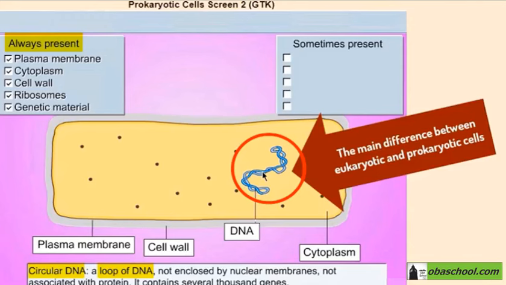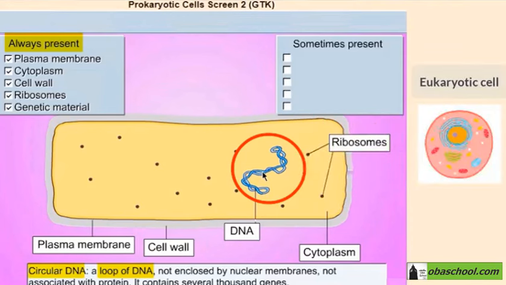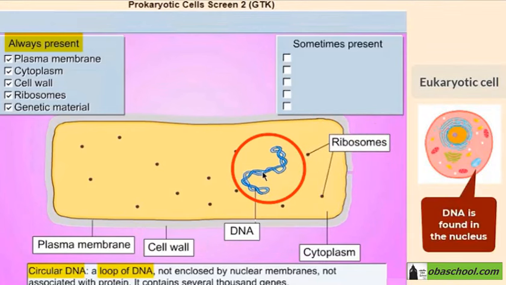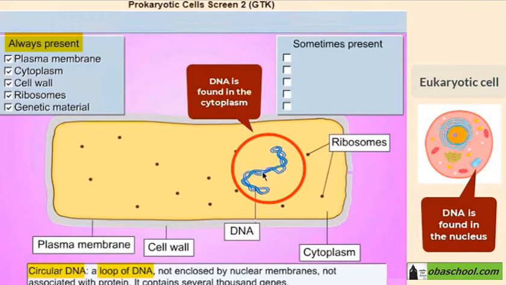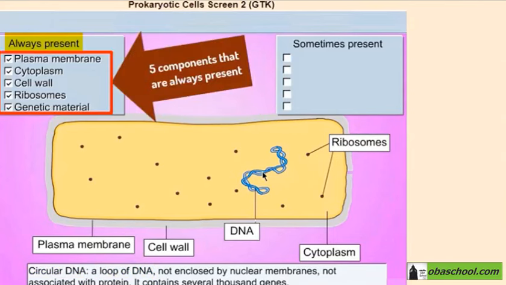As we all know, eukaryotic cells' DNA is usually found in the nucleus, while the prokaryotic cell's DNA is usually found in the cytoplasm. So overall, these are the 5 components that are always present in a prokaryotic cell.